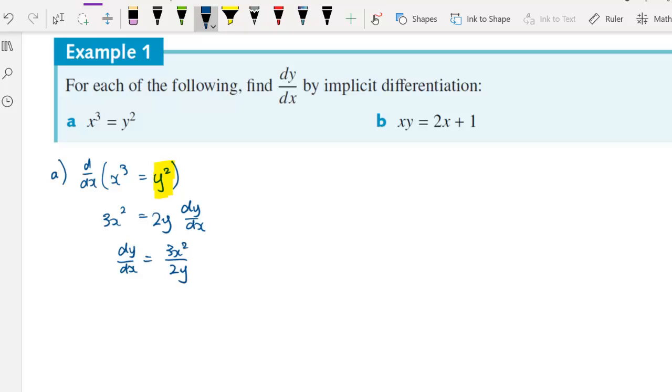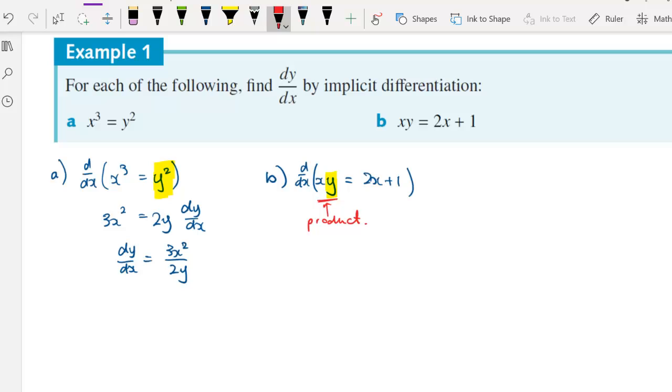Okay, so pretty straightforward. Part B, now we have xy is equal to 2x plus 1. So again, we're looking at d/dx of this, and this is the issue here, this y. Now, we still have to follow our differentiation rule, so this one here is actually a product.